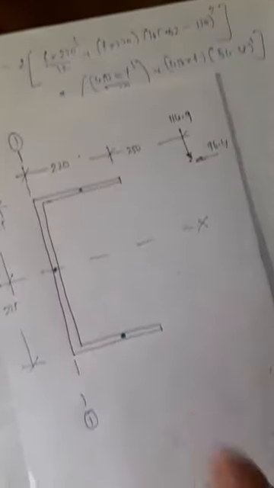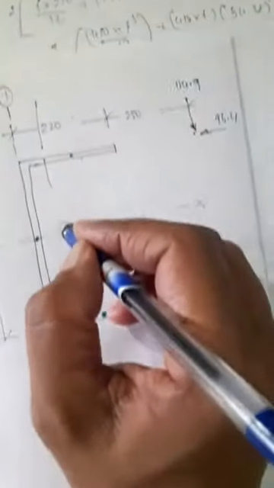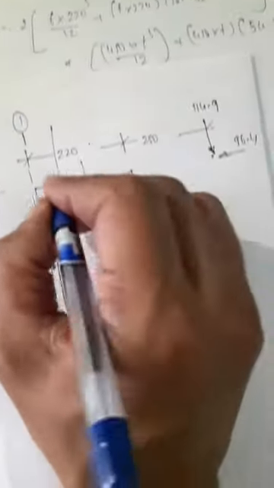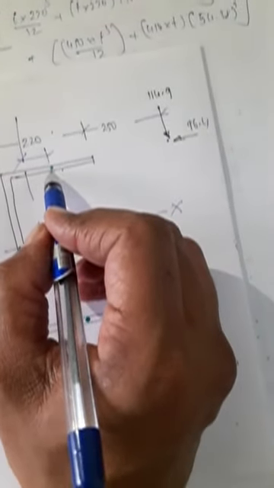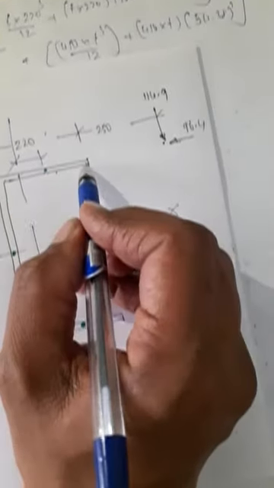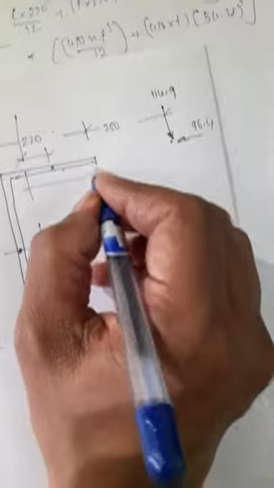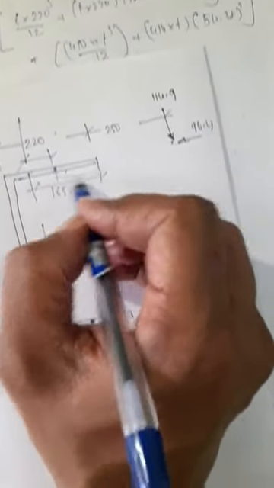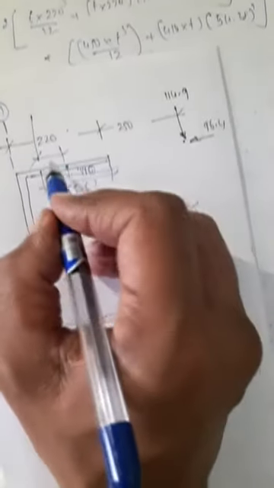If you look at this diagram for element 1, when I am going to find CG along YY, this is the perpendicular distance. So this hole is 110. From here to here, this is 165. This is 110. 165 minus 110, I will be left with this value.